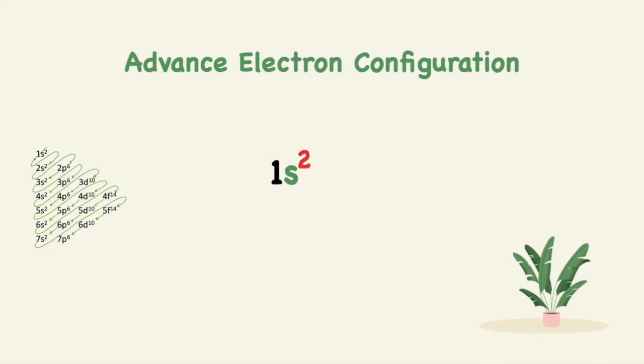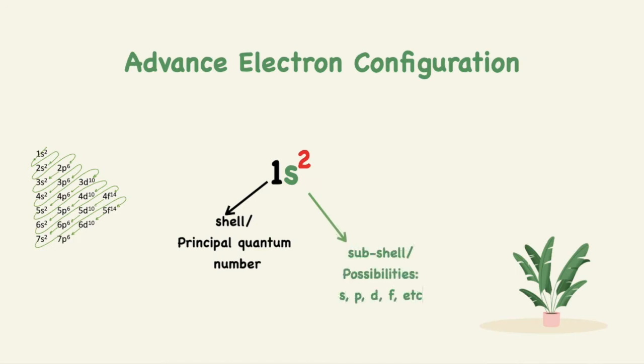In 1s2, the 1 represents the shell or principal quantum number, and the s represents the subshell. It can be s, p, d, f, etc. And the superscript number represents the number of electrons.